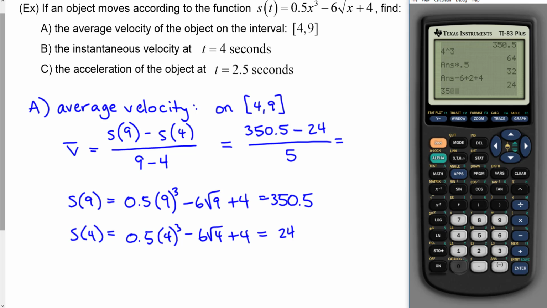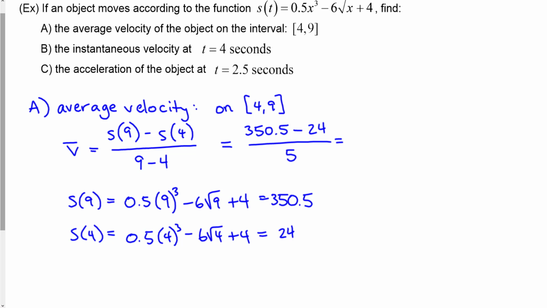So 350.5 minus 24 divided by 5 is 65.3. And this wasn't given to us as feet per second or meters per second or anything, so whatever the units are, it's something units per second.